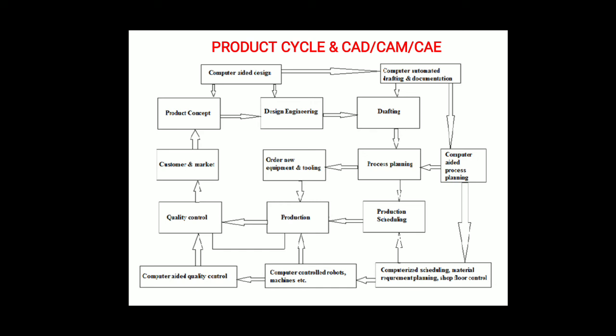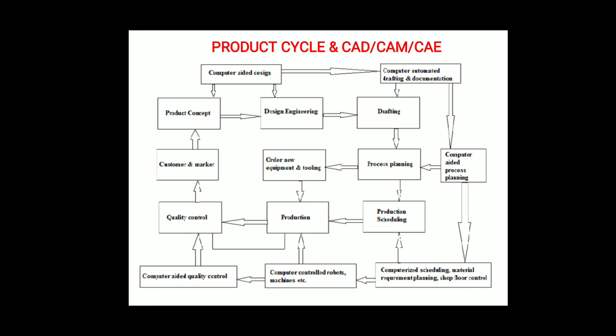Afterwards, we order new equipment and tooling, and make the production schedule using computerized scheduling, material requirement planning and shop floor control, as per the requirements of MRP and the shop floor. Production scheduling is made automatically by the computer system.